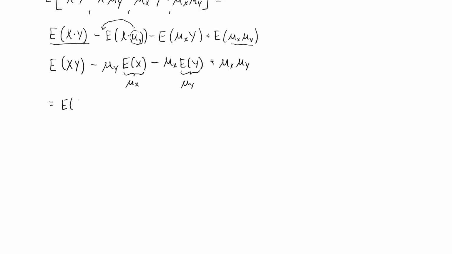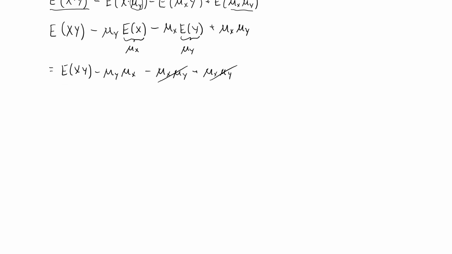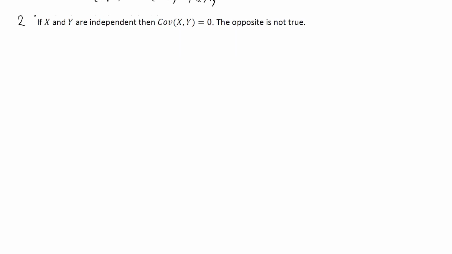So I have E[XY] minus mu_Y mu_X minus mu_X mu_Y plus mu_X mu_Y. I can cancel one of them and I have an important result, namely that the covariance between X and Y can just as well be written as the expected value of the product minus the product of the expected values.